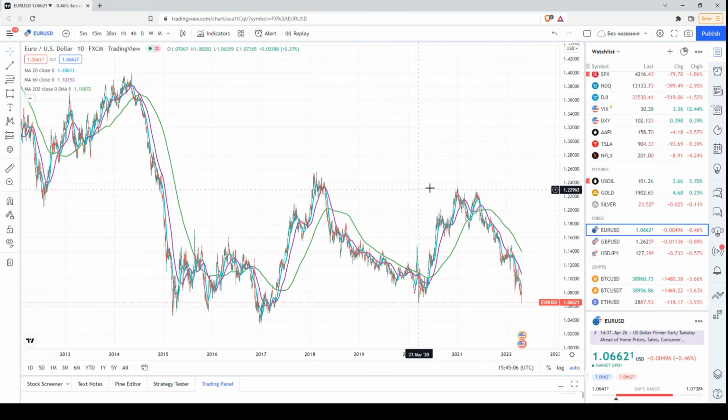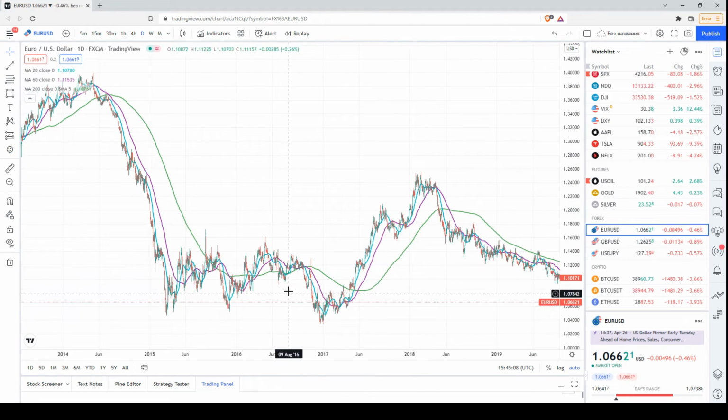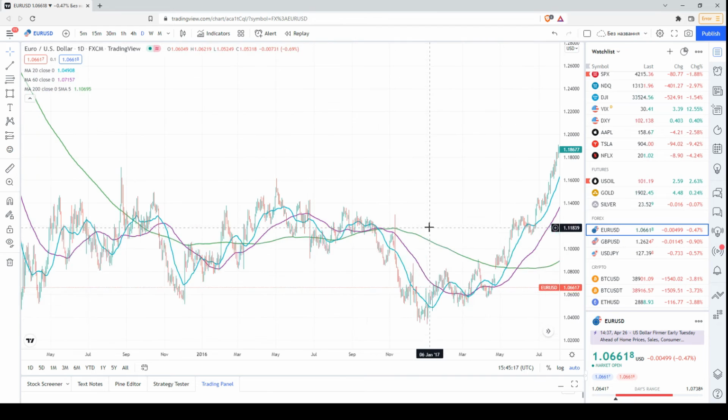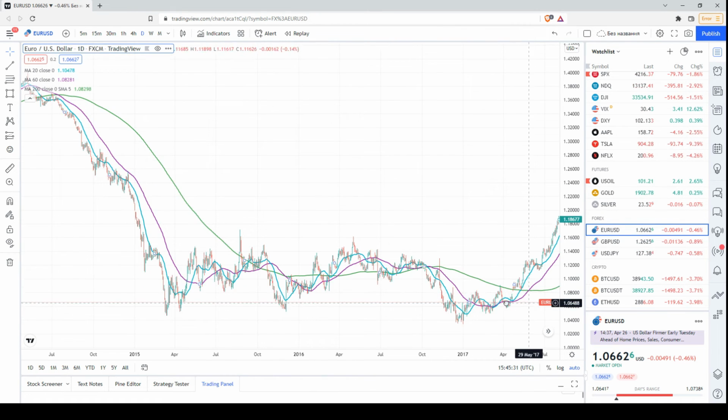I will change my mind only if I see the price above these 2 or 3 moving averages, and of course it will be better if we have a bullish distribution of the moving averages, when at the top is the 20-day moving average, in the middle is the 60 days moving average, and at the bottom is the 200-day moving average.